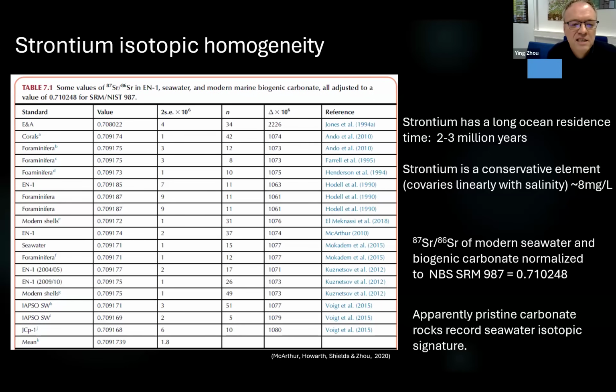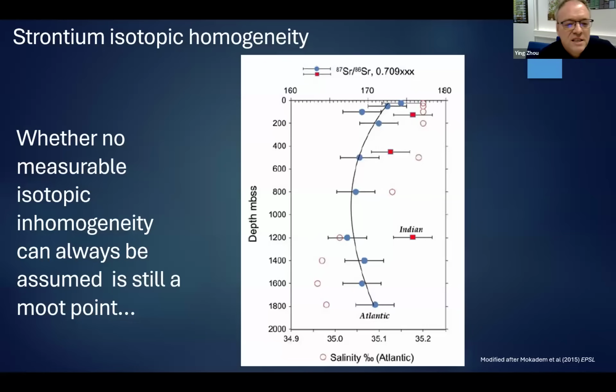In order to compare data from lab to lab, we normalize usually everything to this standard, and that's been the case for many decades now. However, some people do suggest that there may be isotopic heterogeneity. So this is one such study where you can see there is a significant difference in this particular case between Indian Ocean seawater and lots of different samples and different depths of Atlantic Ocean seawater, and that potentially relates to this strontium cycle that I was referring to.